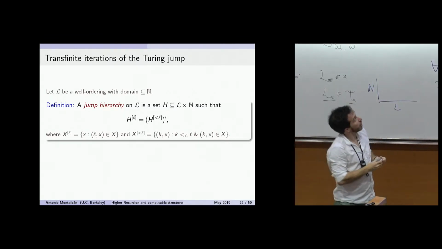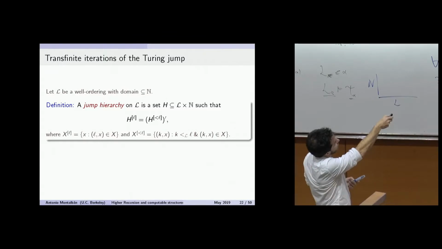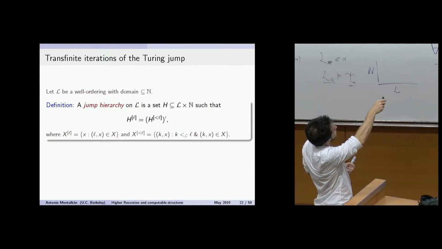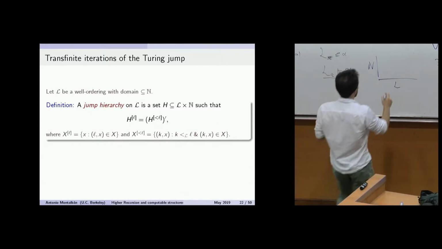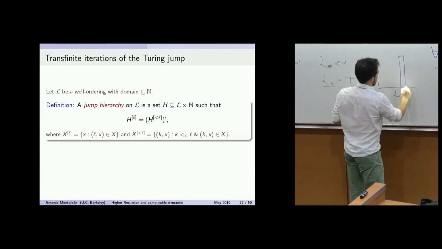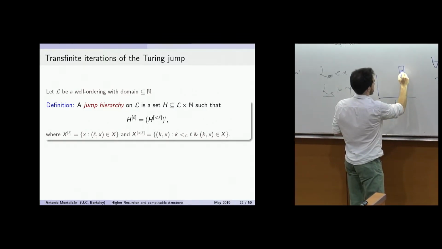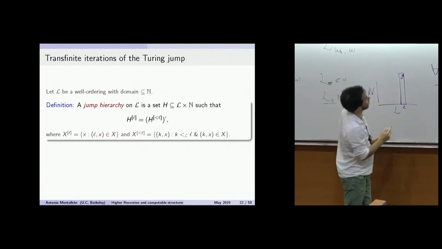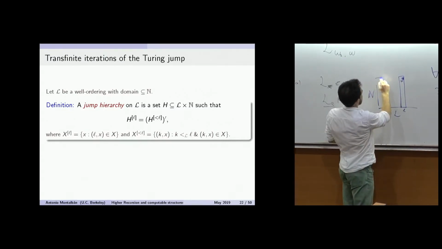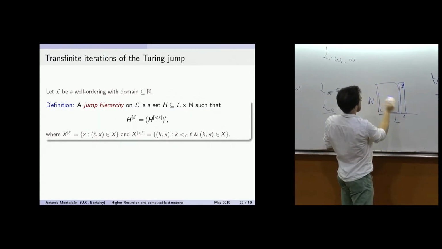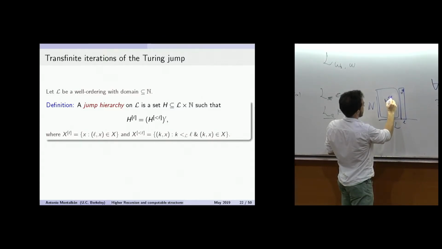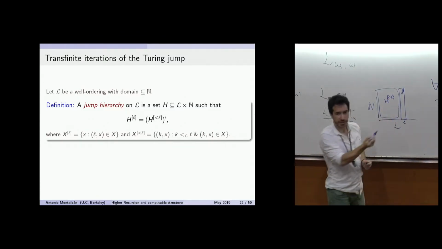So H is a subset of L times L, such that the Lth column of H is the same as you take all the previous columns and take the jump.